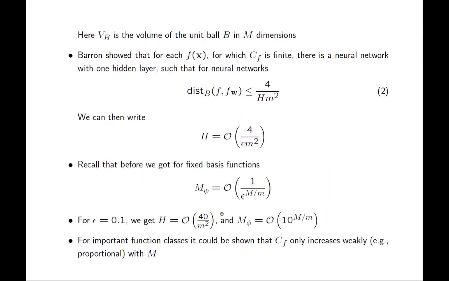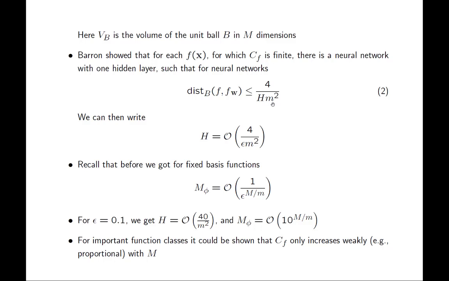And Barron showed that for every f for which this C_f is finite, there's a neural network with one hidden layer such that the distance between this function f and the best one out of our model class is smaller than 4 divided by h times m squared. So h is the number of hidden units and m is the smoothness.